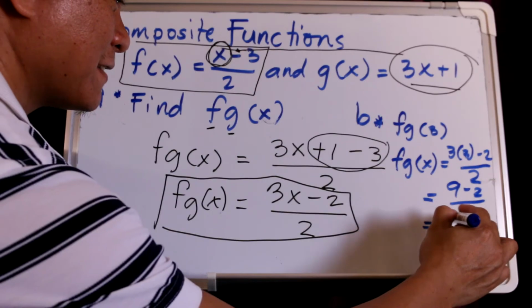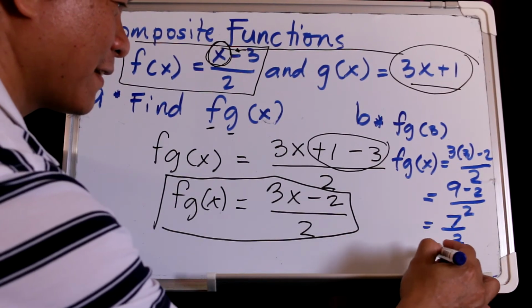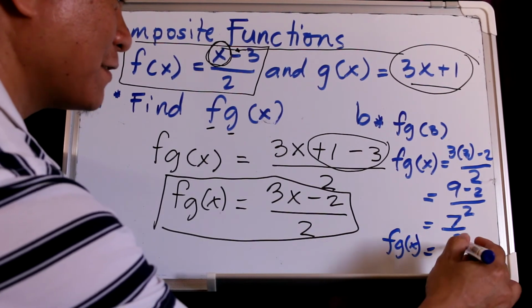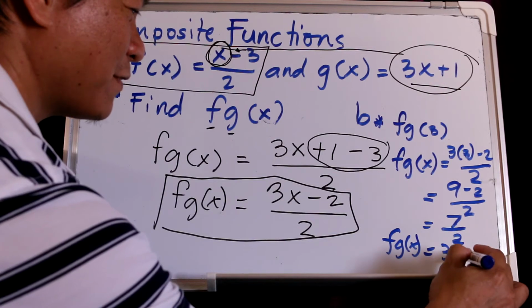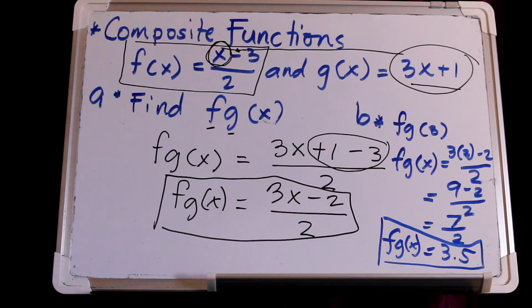That means 7 divided by 2. fg(x) is equal to 3.5. A little messy with the board. Am I clear with this?